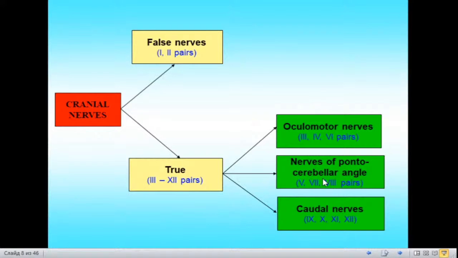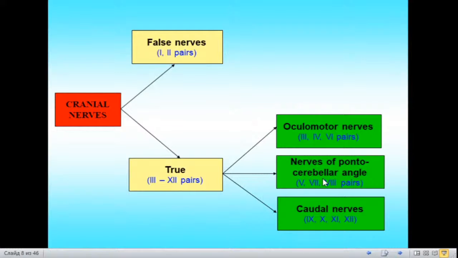And these true cranial nerves, due to their topography and function, can be conditionally subdivided into three groups: oculomotor nerves, which provide innervation of skeletal muscles of the eyeball. They are the third, fourth, and sixth pairs.